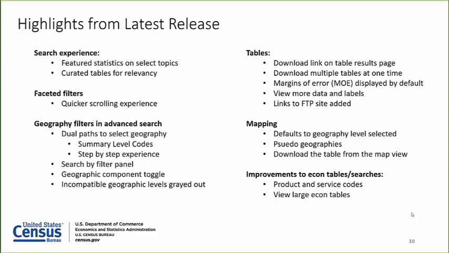We also have a link to the FTP site, some mapping updates, particularly that connection between your search and the mapping, or tables to the mapping, and some pseudo geographies, what we call those collections of geographies. And then also some improvements to the economic tables with some additions of some product codes.